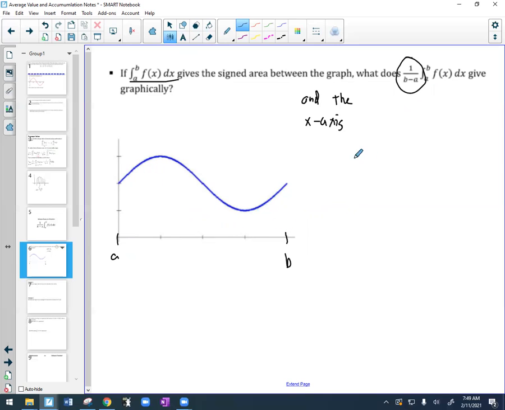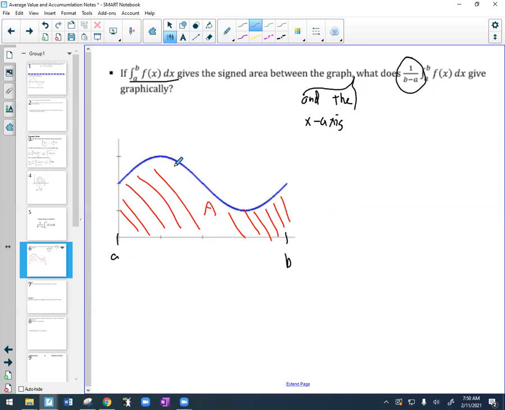The answer is there's some area here. I want that to be red. There's some area here.